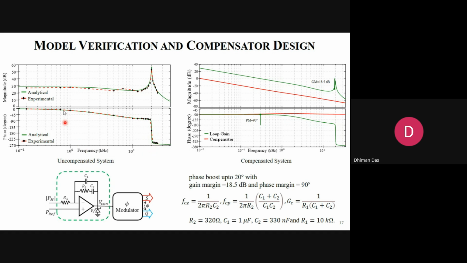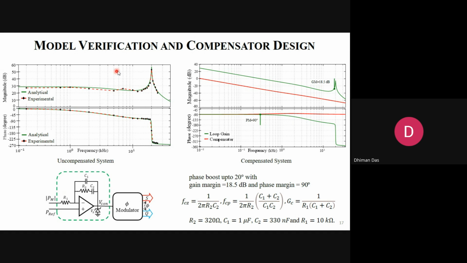So this is the uncompensated system, or raw plant. Now you need to verify this equation, whether your calculation is right or wrong. Already you have done the first order approximation, so you need to verify whether the approximation is matching the actual plant or not.